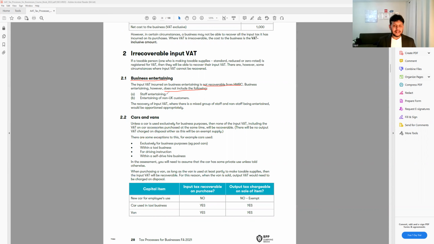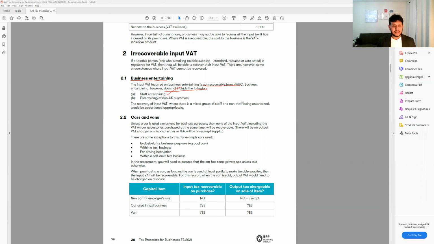One is staff entertaining. So if you make a Christmas party or an Eid party, or any staff program, if you buy something for the staff, if you give a gift, if you entertain your staff, how much VAT you paid, you can claim it back.